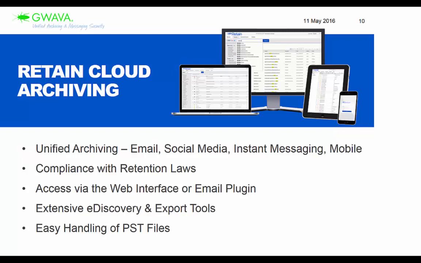If it's hosted in the Guava data centers, there's obviously going to be a base price, and that will give you a certain amount of data. And then if you go above and beyond that, there's storage you can purchase. I would have to answer that offline because it all depends on your organization size and different factors as to how much the cloud will cost.